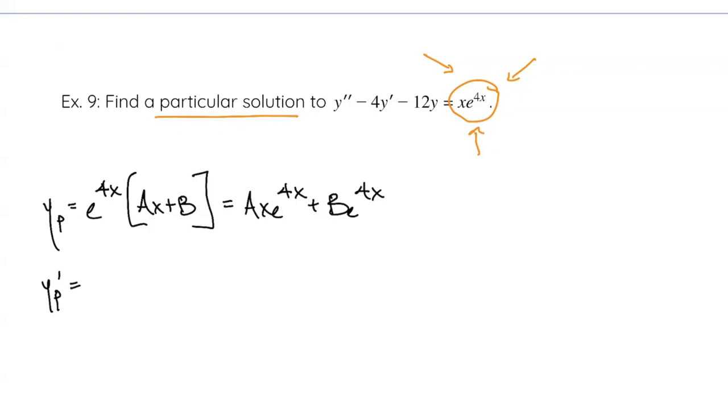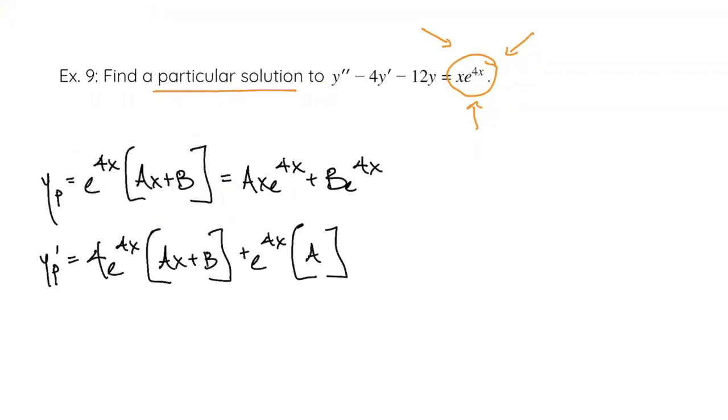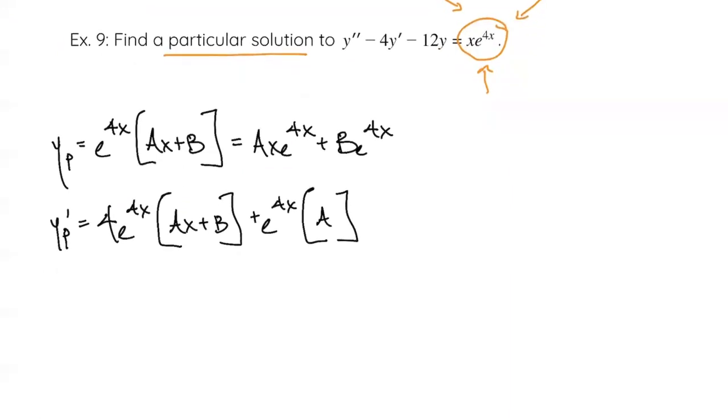I'll go ahead and use this first one, no particular reason. I get the derivative of e to the 4x is 4e to the 4x times ax plus b, plus e to the 4x times the derivative of ax plus b, which is just a. Now, knowing that I need to take a second derivative, I can leave it like this and use product rule here, or I can distribute.